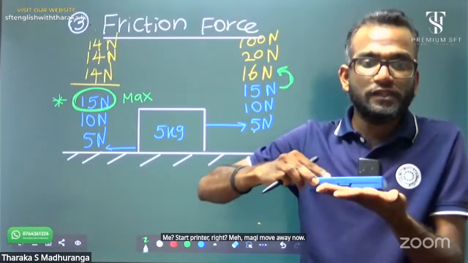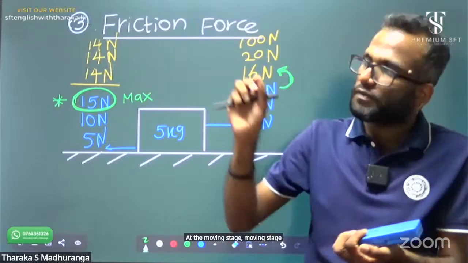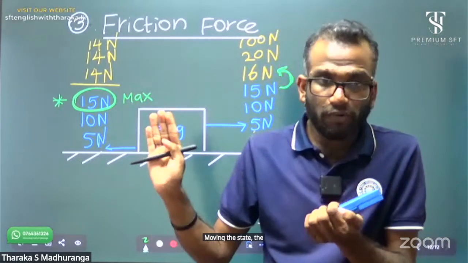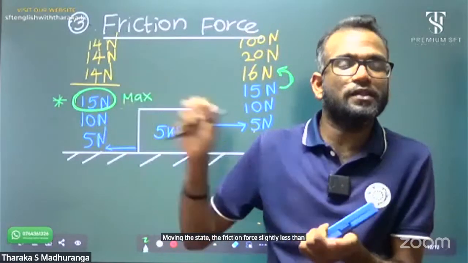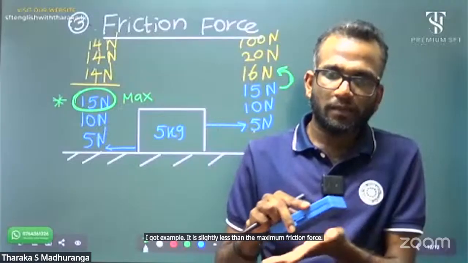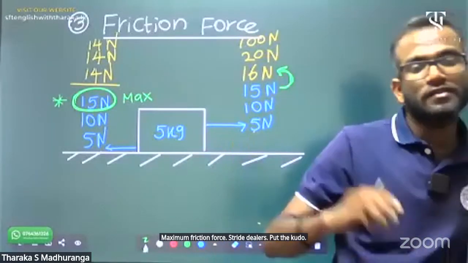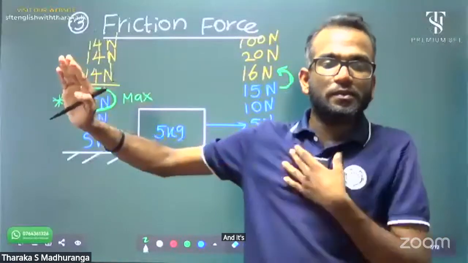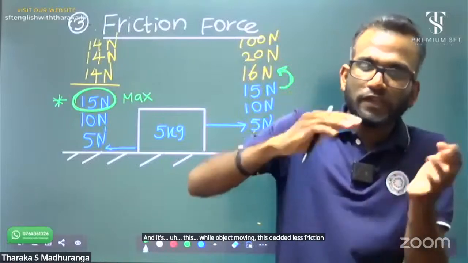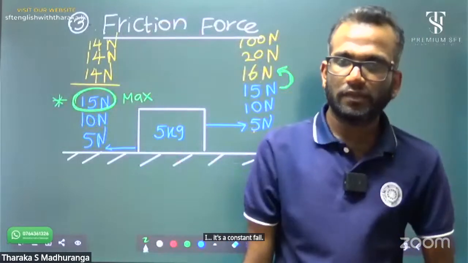At the moving stage, the friction force is slightly less than the maximum friction force. It is not exactly 14, that was just an example. While the object is moving, this slightly less friction force is a constant value. Now, okay.